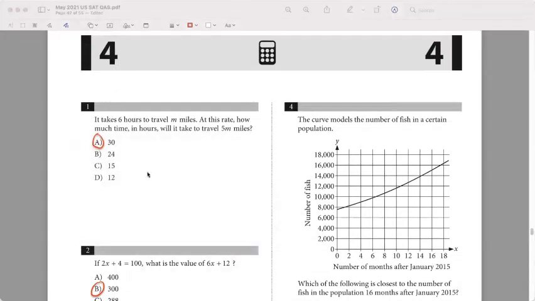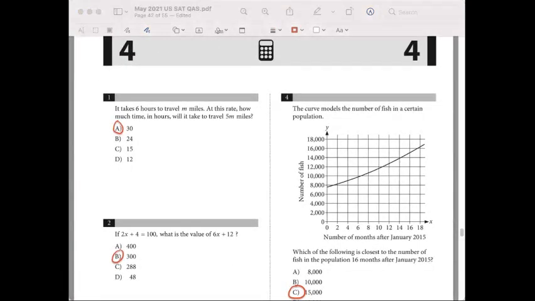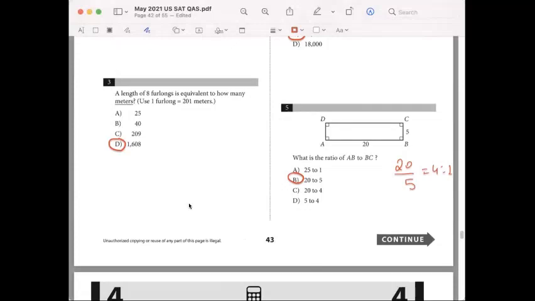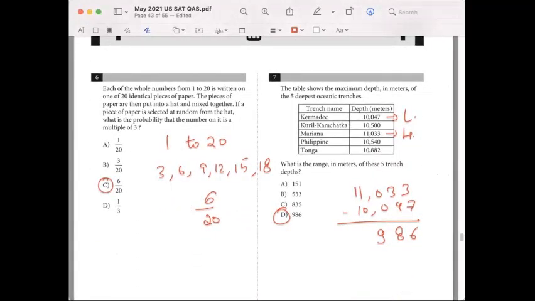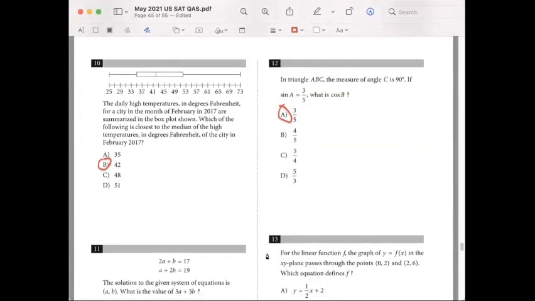So let me just make this a little smaller so that I can grade. So A, B, D, C, B, A, B, D, C, B. Okay. Sixth, C, D, C, D, B, C, D, C, D, B.